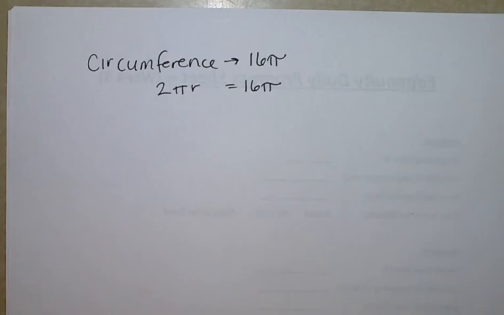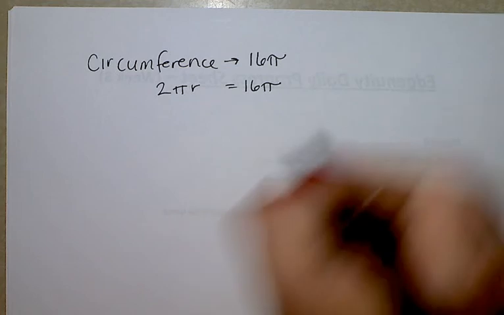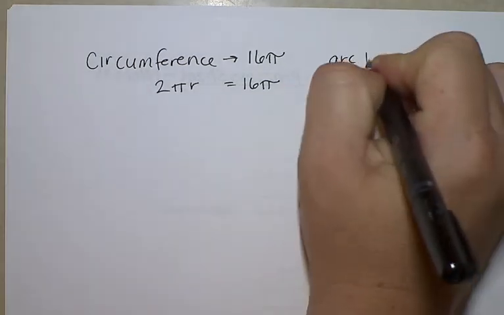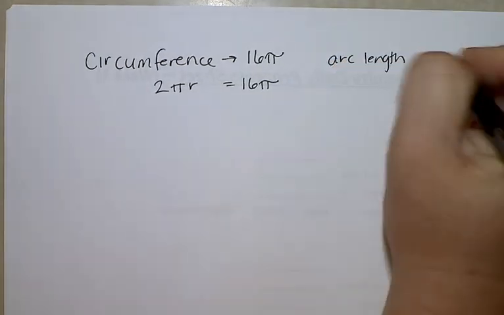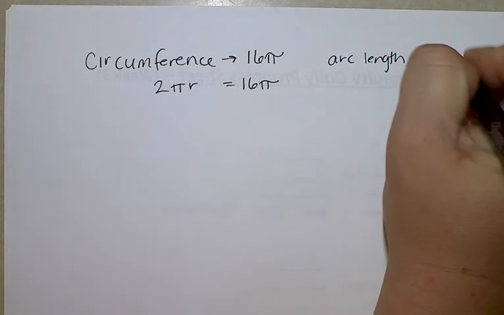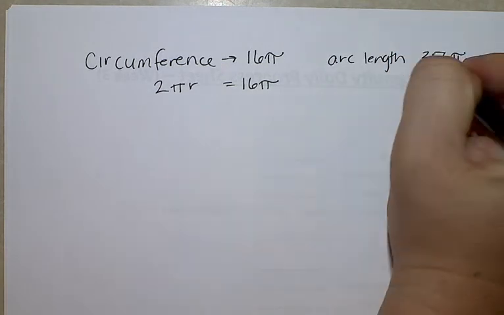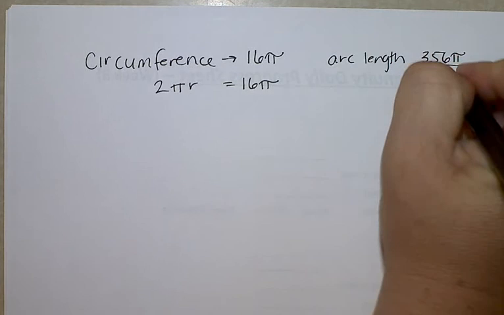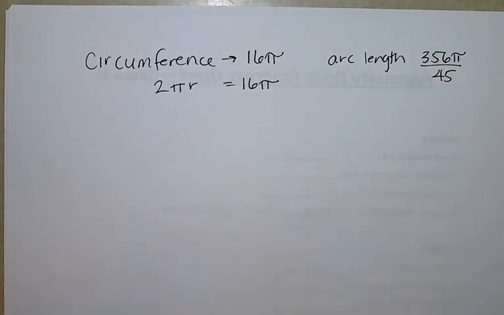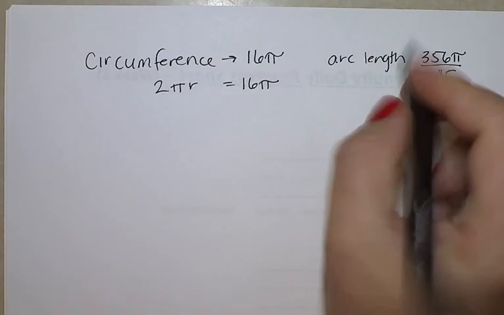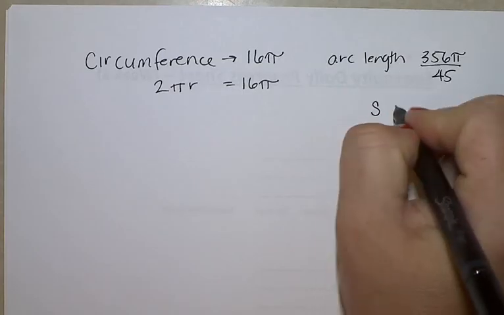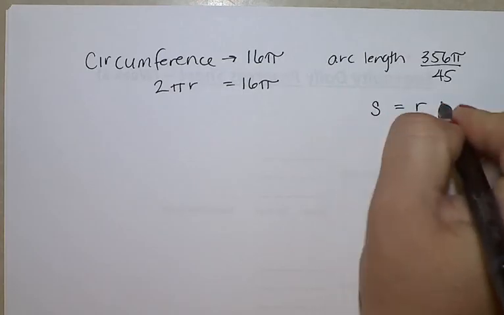We're told the arc length is 356 pi over 45. On Friday we learned arc length, which is often described as the crust of the pizza, the outside crust, has the formula arc length equals r theta.